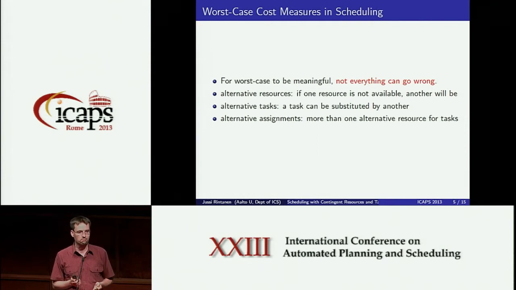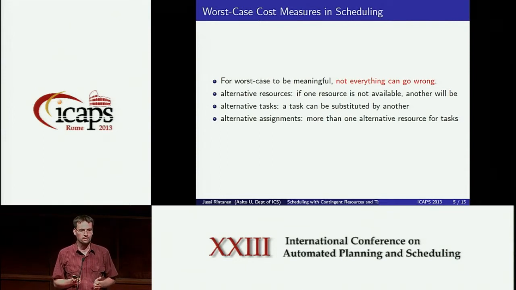Another possibility is that we might not actually have to complete all of the tasks in the schedule. If we cannot complete some task, there will always be some substituting task that is also sufficient and good. So if this is not possible, we will complete some other task. This is a similar flavor to the alternative resources case.